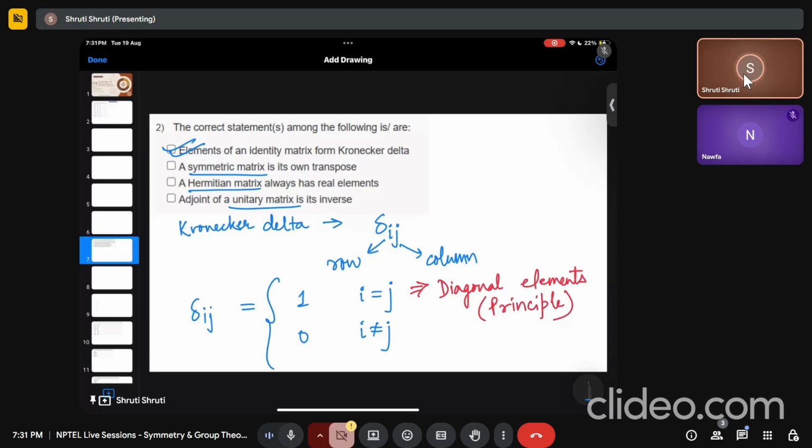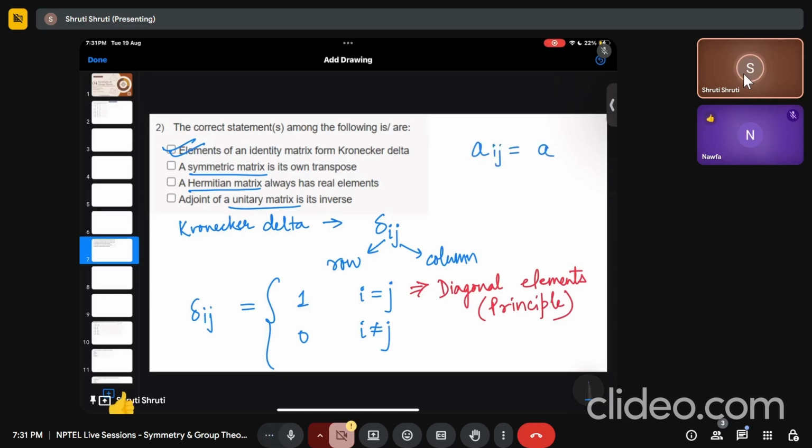What is a symmetric matrix? Ma'am, like A is equal to A transpose. So symmetric means when you transpose it, it should come as the original matrix, like A is equal to A transpose. Means you swap i and j, then it will be equal.